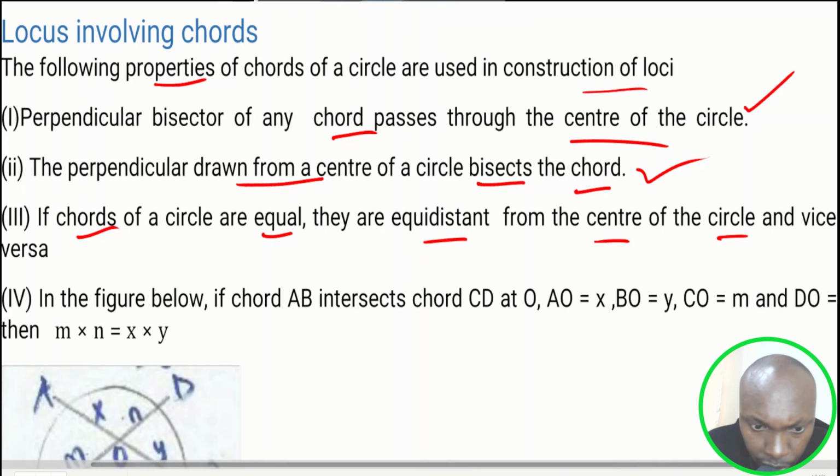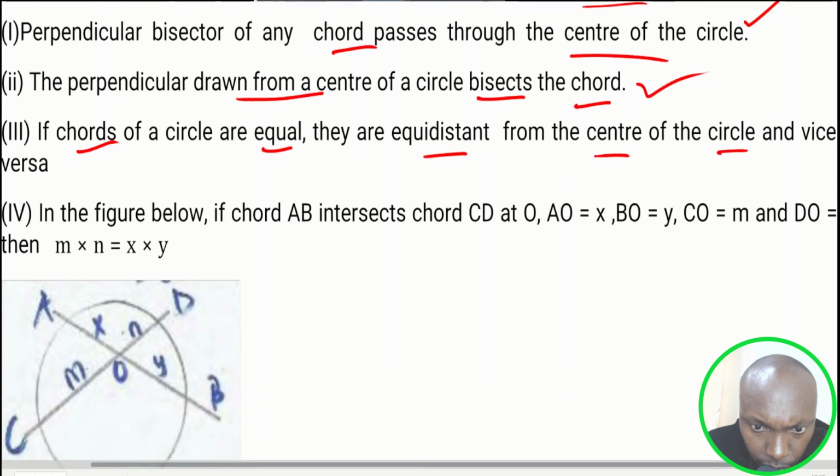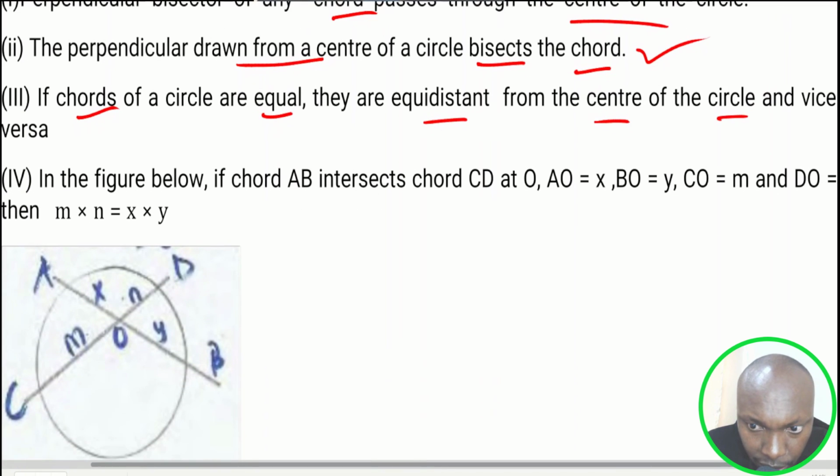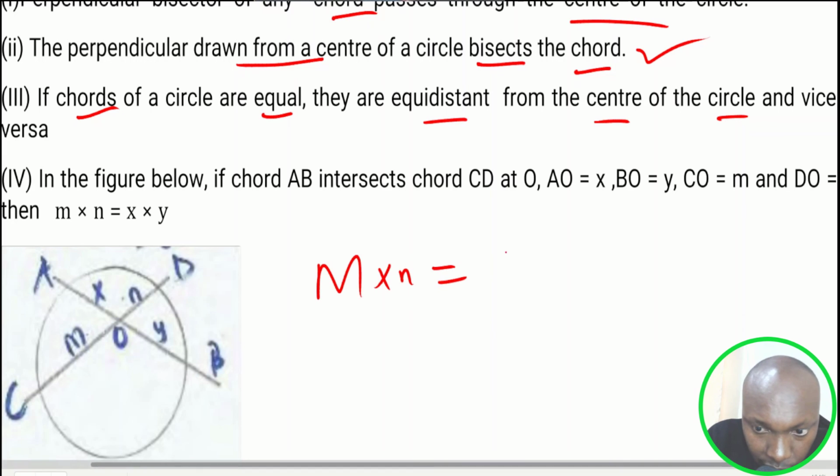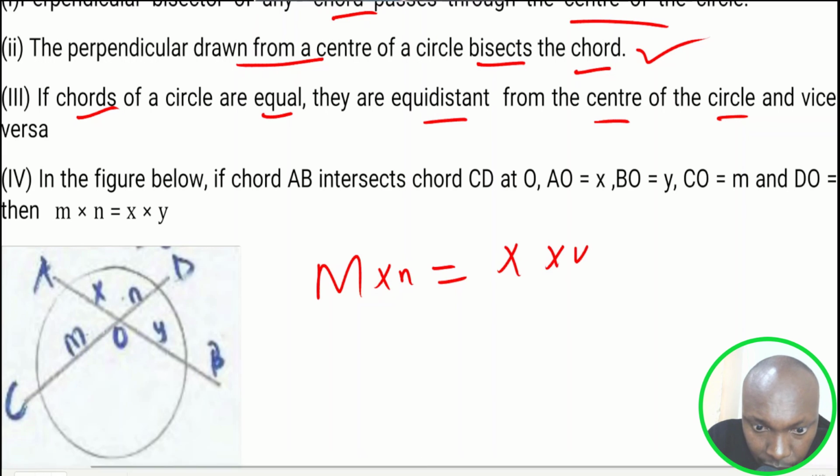Now, in this figure that is here, if chord AB intersects chord CD at O, AO is equal to X, BO is equal to Y, CO is equal to M, DO is equal to N, then M times N is equal to X times Y. This is the property of intersecting chords of a circle. That if these chords are intersecting, then you can say M times N should give X times Y.